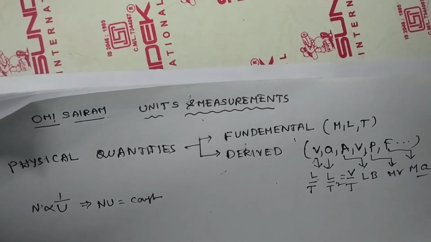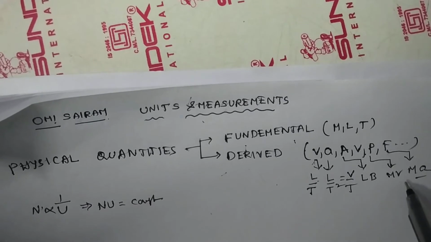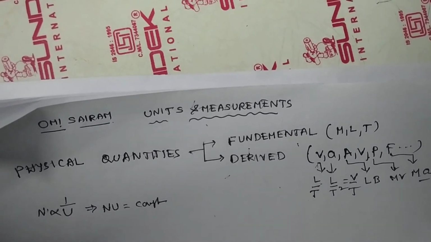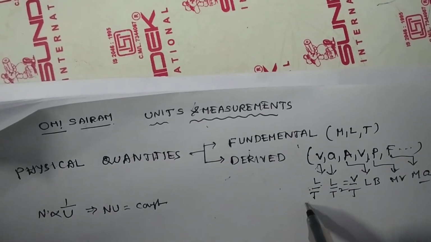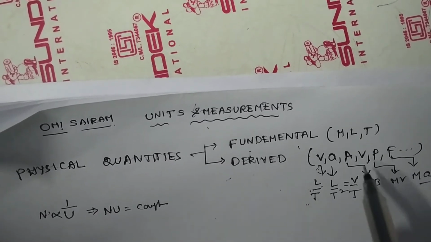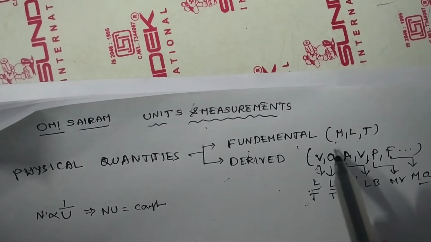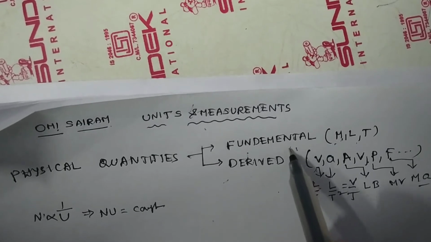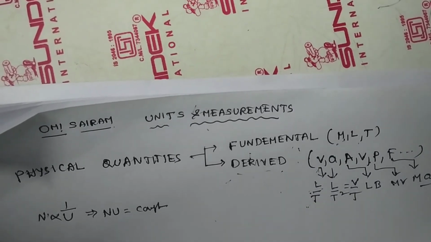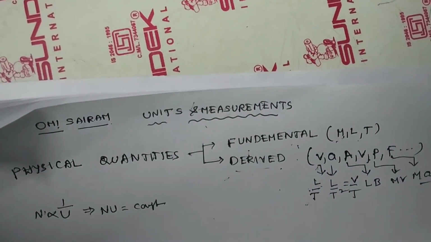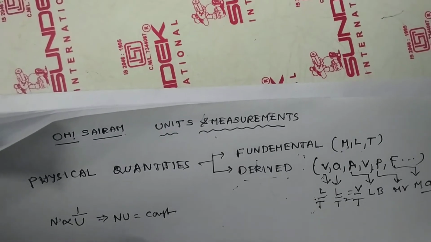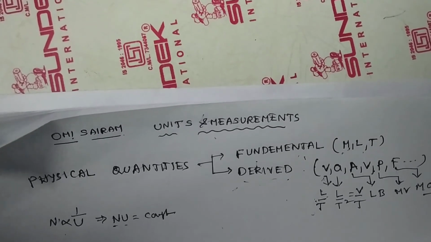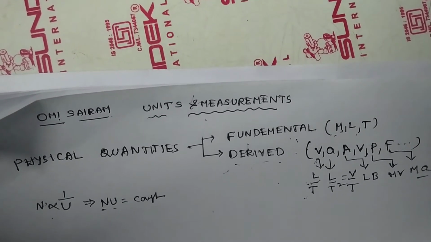So every time you use a minimum of two physical quantities, and these are nothing but fundamental quantities. Those derived from fundamental quantities are derived physical quantities. Understood. The number is inversely related with the unit.